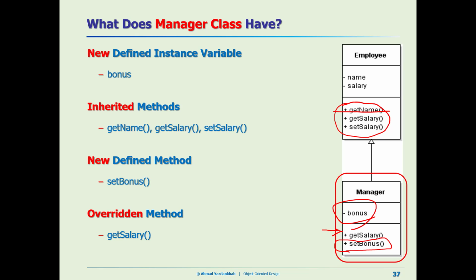Just look at this name and salary, both of them are private. So directly, the manager class does not have access to them, right? But the manager class can have access to them via the methods, all right?